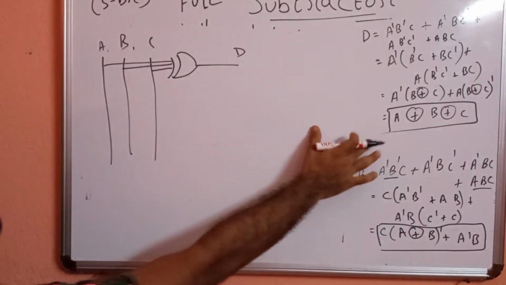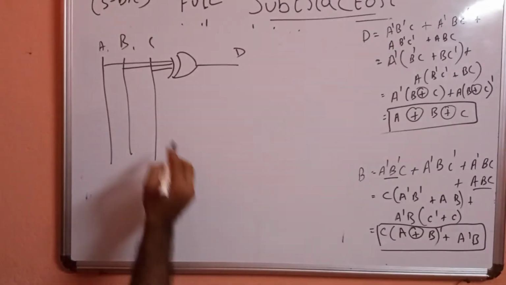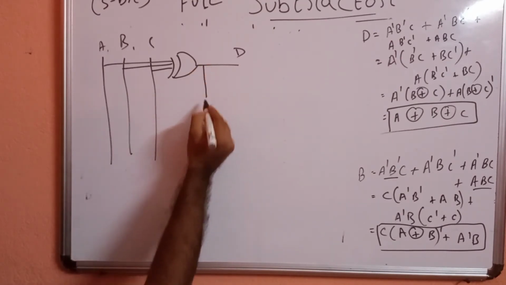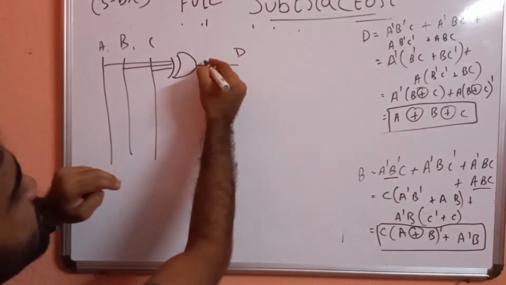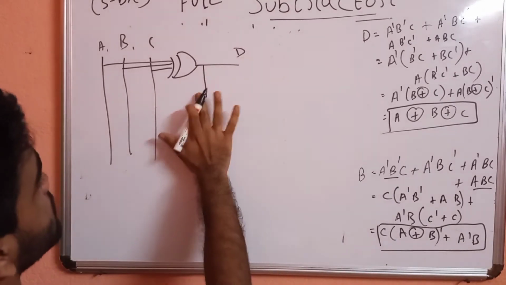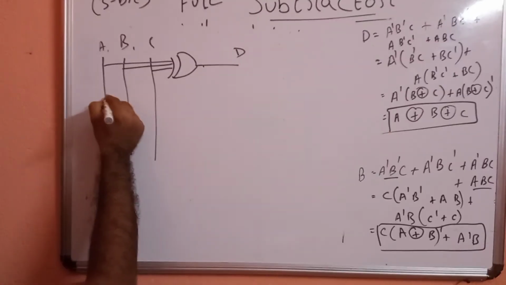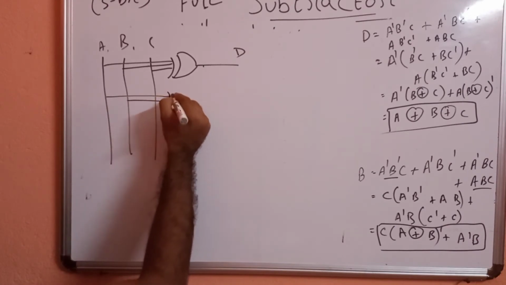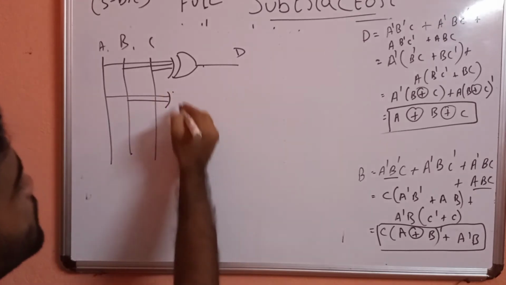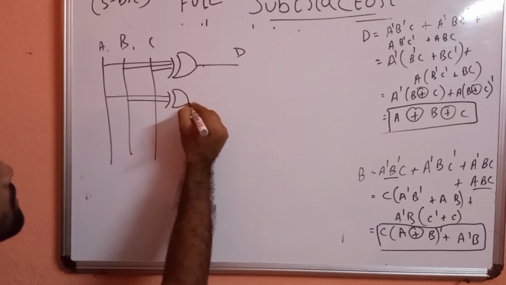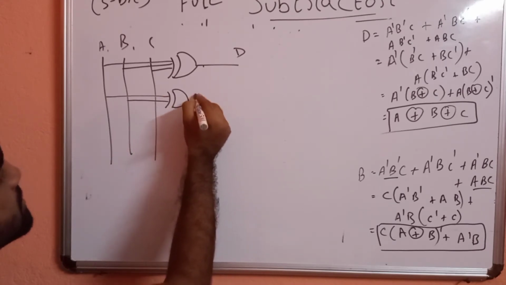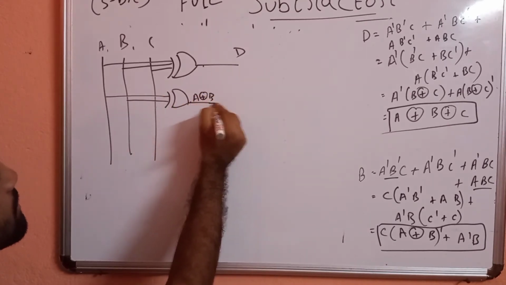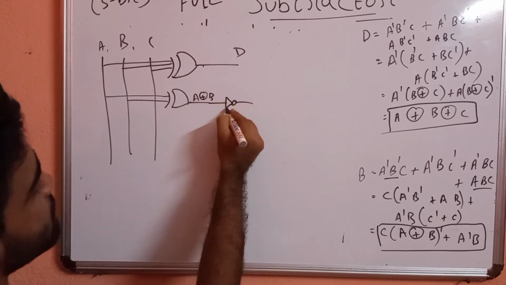Now for this part we will take A, B, XOR, this is A XOR B, then we have to do negation of it.